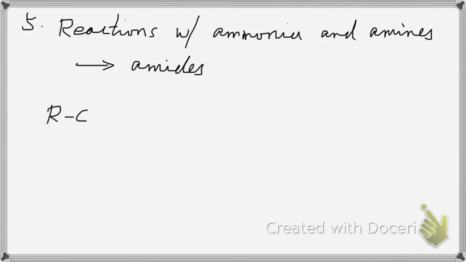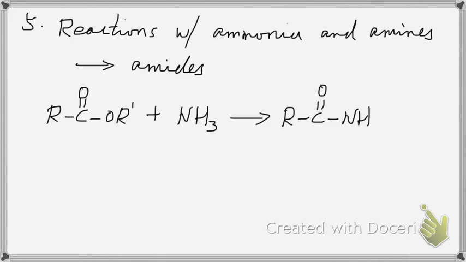All right. The next reaction we will look at is the reaction of ester with ammonia or amines to make amides. So again, regarding the reactivity or the stability of the acyl substitution, we have acyl chloride, acid anhydride, and then esters.